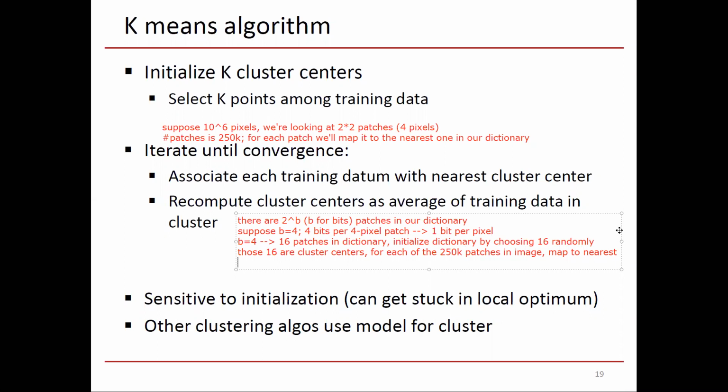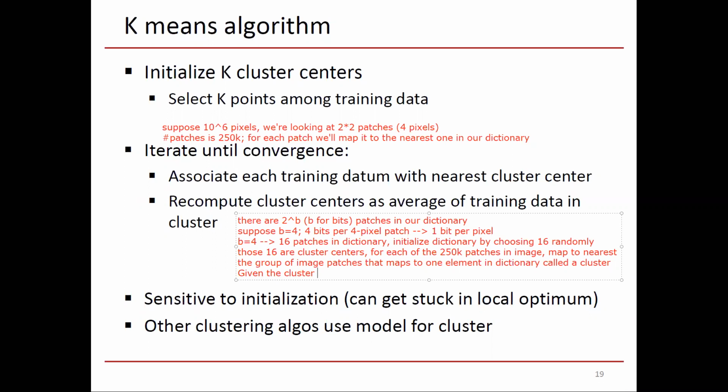So now each of the 250,000 patches is going to be associated with one of 16 patches in our dictionary. Okay, these are going to be cluster centers. And the group of image patches that maps to one element in the dictionary is going to be called a cluster. Okay, so we performed this mapping. We associated each of the 250,000 to the nearest patch. And then there's another step. We recompute the cluster centers. So given the cluster, you can think of this as slightly similar to the EM algorithm.